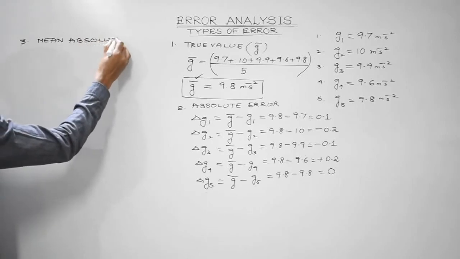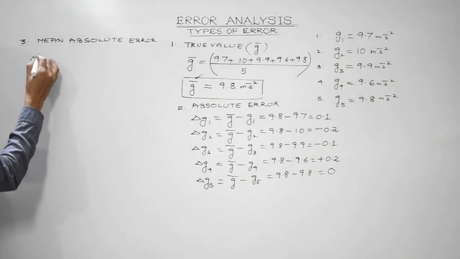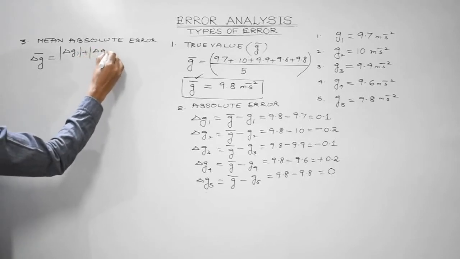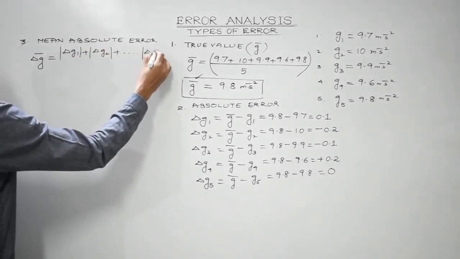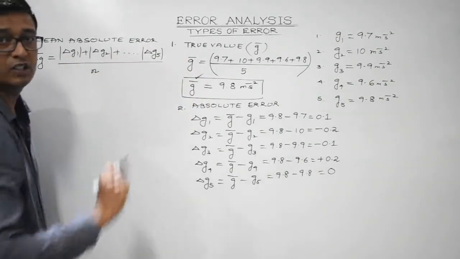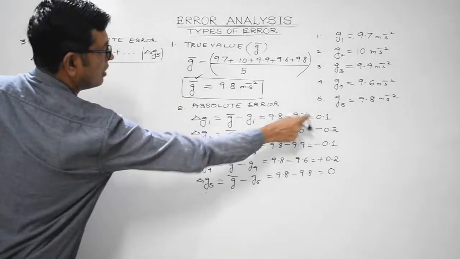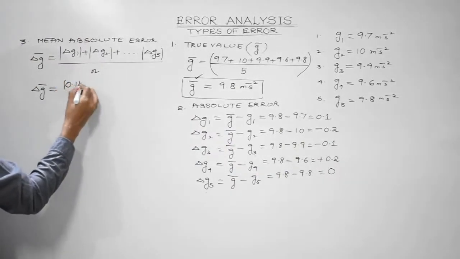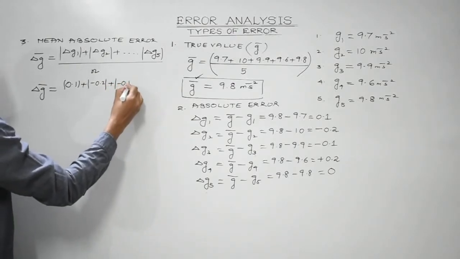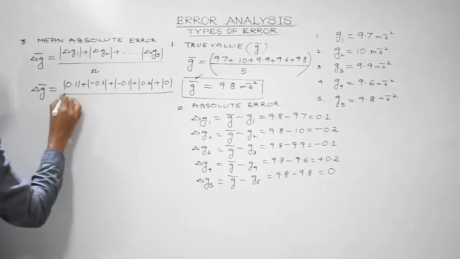Mean absolute error is given by del G bar and it will be mod of del G1 plus del G2 plus, how many observations are there? 5, divided by n. Mind it, mod means magnitude. So, del G bar will be equal to del G1, which is 0.1, plus minus 0.2 plus minus 0.1 plus 0.2 plus 0, divided by 5 observations.